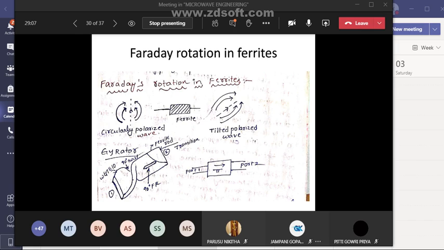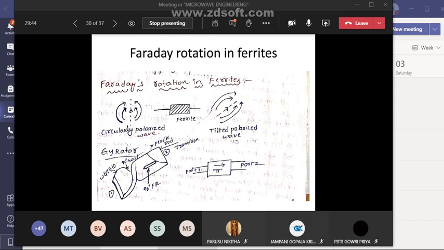Faraday's principle states that if a circularly polarized wave, see here, it is a circularly polarized wave, is made to pass through a ferrite rod, so it is a ferrite rod, this wave is passing through this ferrite rod which has been influenced by the magnetic field, here the axis of polarization gets tilted in the clockwise direction.